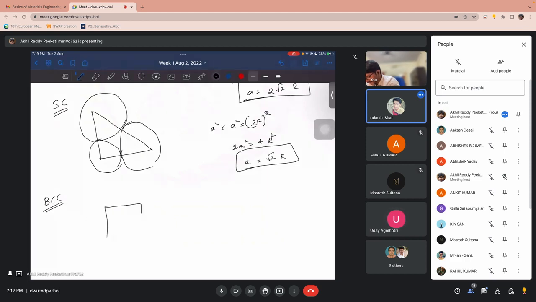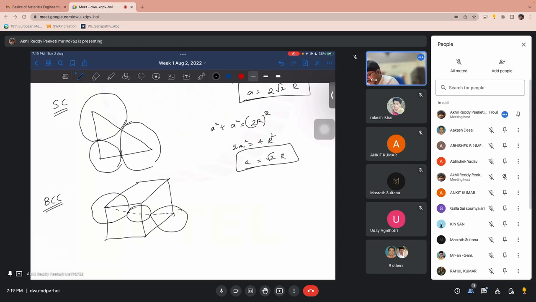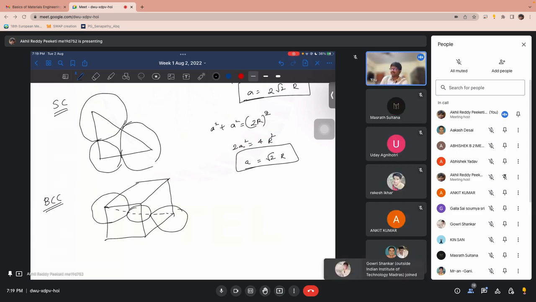Yes. So in BCC you should look at the main diagonal. In that case, how will you get the diagonal's length in terms of R? In terms of R, it would be 4R only. But what should be these two terms?